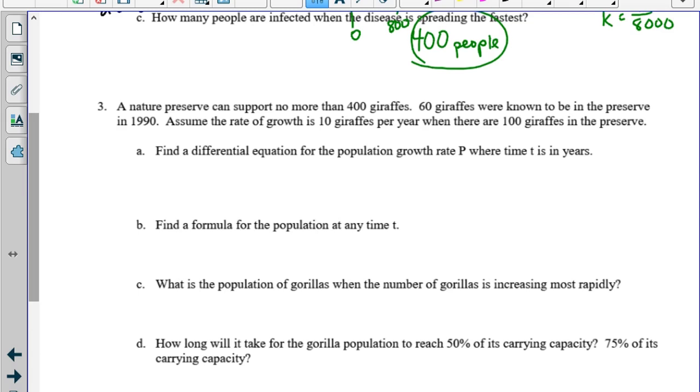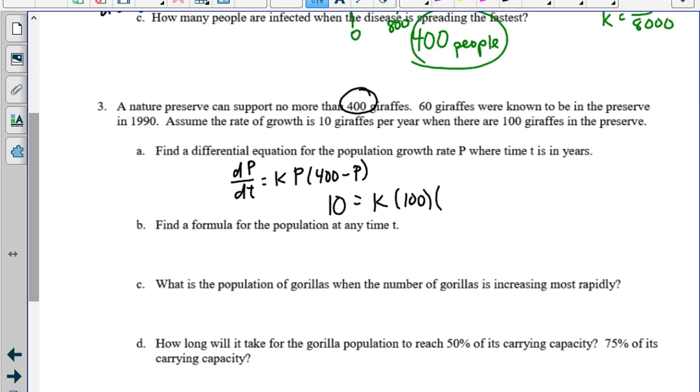So let's find a differential equation. The differential equation is going to be dP/dt equals k times P times (400 minus P). We know that it's 400 because that is the carrying capacity that they stated. Now, dP/dt is 10 when there are 100 giraffes in the preserve. So k is unknown, we're trying to find that.